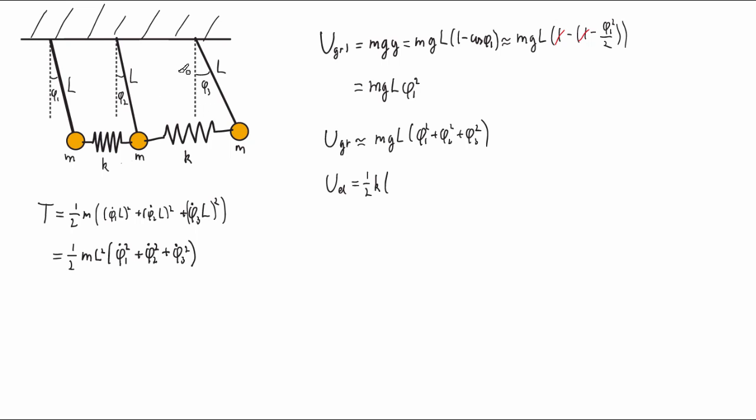So then that just becomes, for the leftmost spring here, L phi1. That's the deviation of this mass from its position at the equilibrium. How far away is it from the point when it's right below its attachment point? Not phi1, phi2. And then it's L phi1 squared. And then same thing for the second spring.